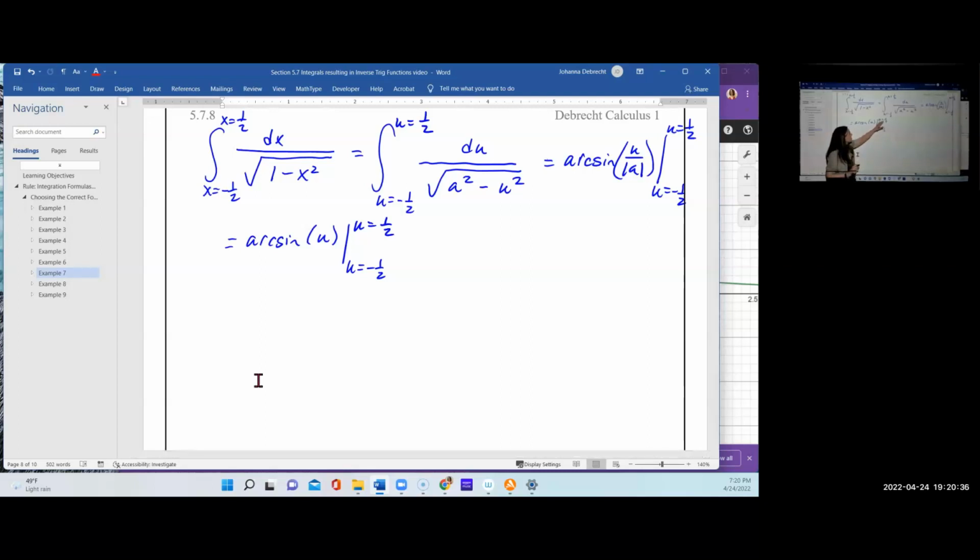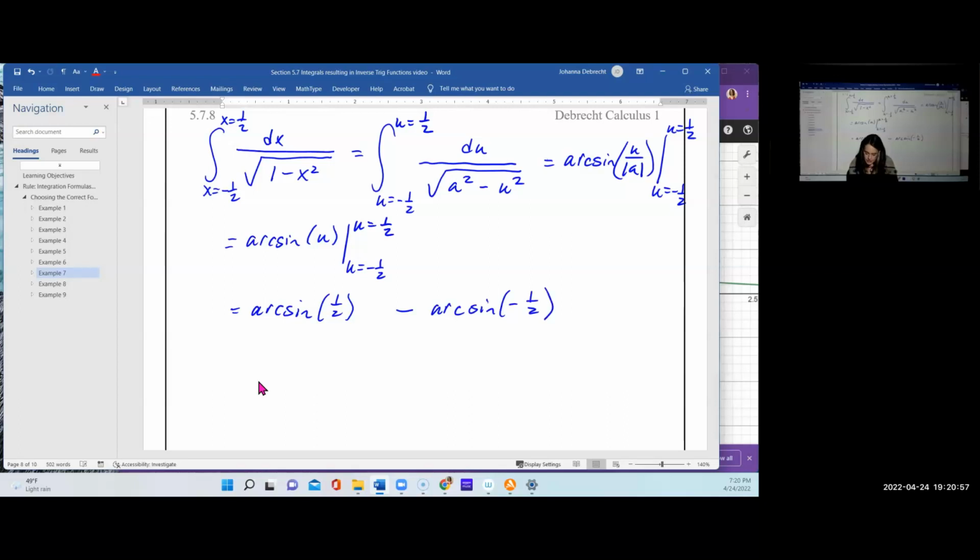So I'm going to substitute the upper limit and then subtract when I substitute the lower limit. So this is going to give me the arcsine of 1/2 minus the arcsine of negative 1/2.